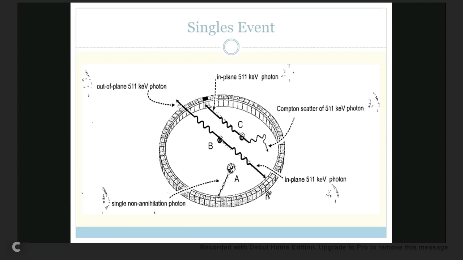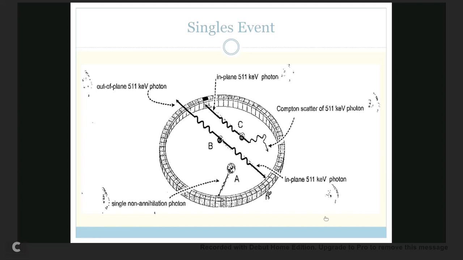Okay? And then in this one here, only one photon comes, but it's not really registered. So technically, if you don't have two, it just gets absorbed. Okay?